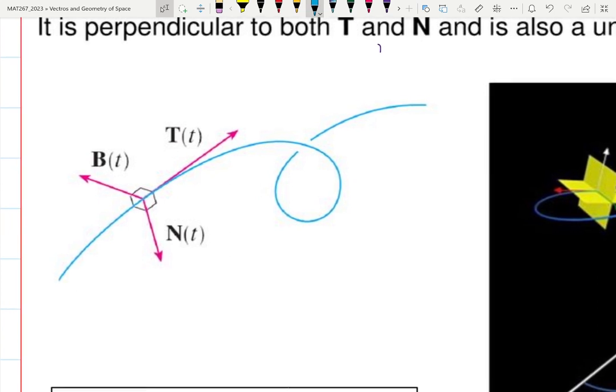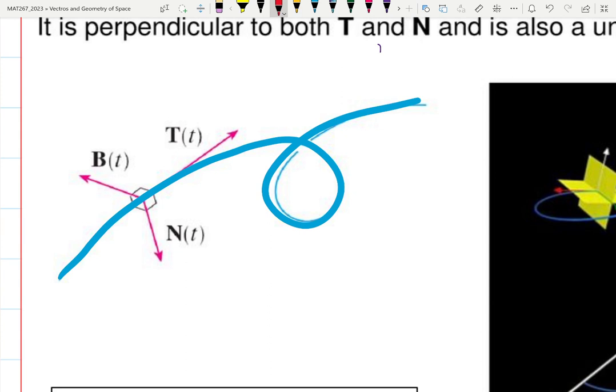This is a nice picture. Here's the curve. We have T. It's a tangent, so it's touching the curve, right? Then N is perpendicular to T, and B is perpendicular to both. Normal and binormal describe lots of things.